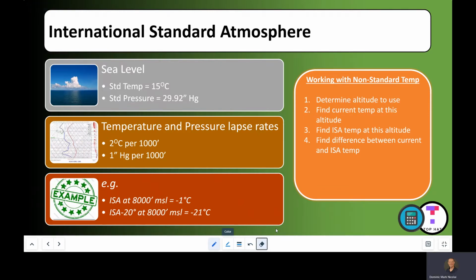All right, so let's try a top hat question. You'll need a calculating device of some type.